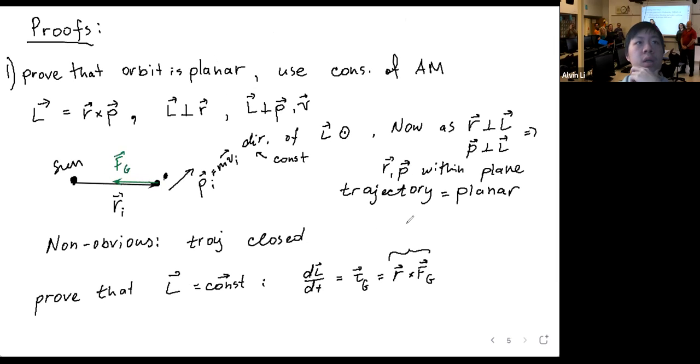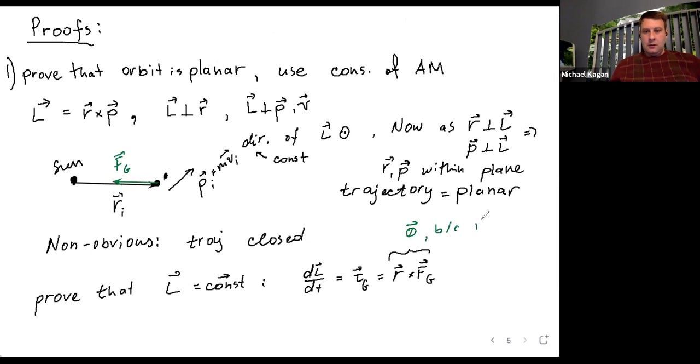It's 0, right? Because the radius vector is anti-parallel to F_G. So they make an angle of 180 degrees, and the cross product of such vectors is 0. That proves that angular momentum is indeed conserved.